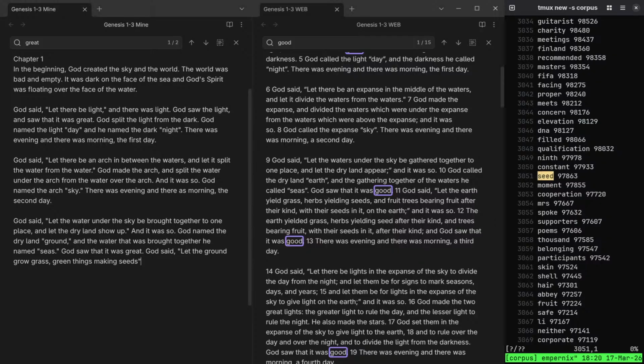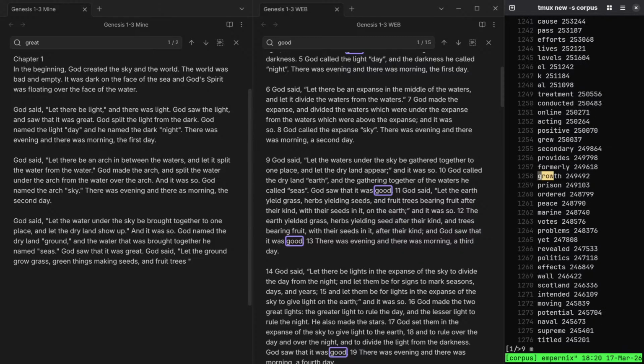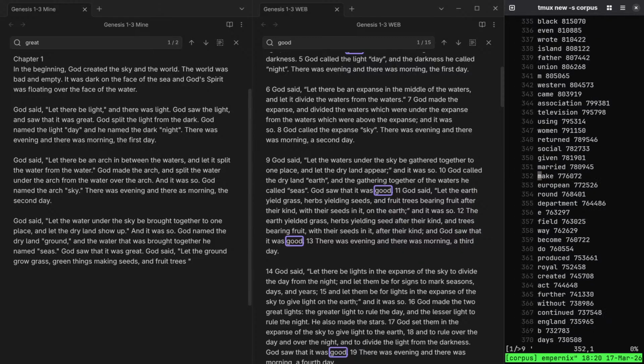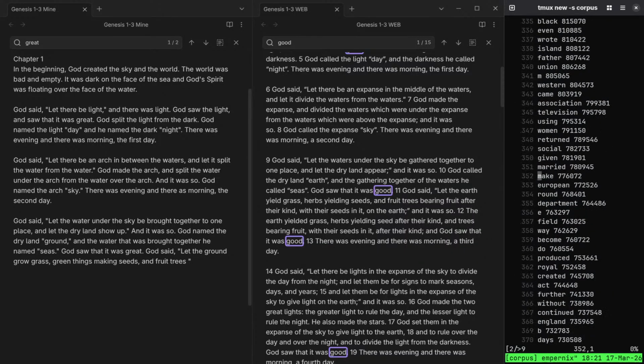Huh. Well, what else am I going to say, though? And fruit trees making, I could say growing, make, grow. Yeah, I think make is better. Making fruit.